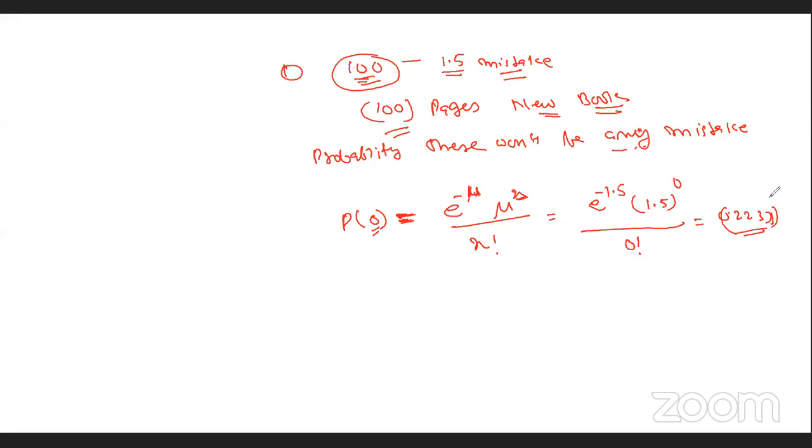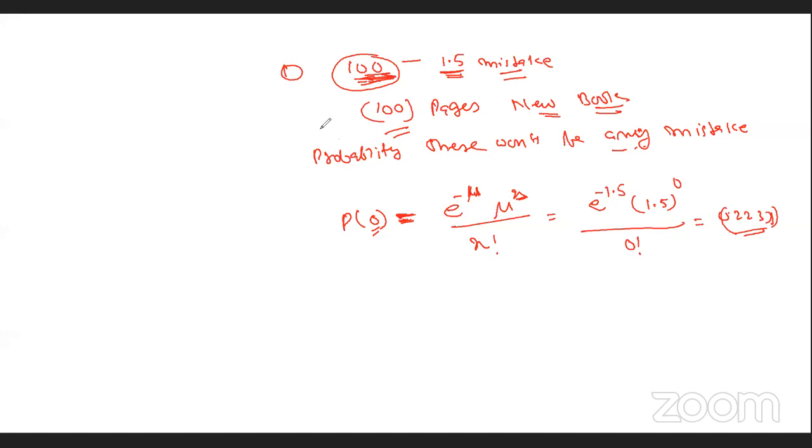So this is another thing which you will be able to find out. Again, on top of the same thing, if I tell you that in 100 pages you get 1.5 mistakes on average, and I ask you a very simple question, maybe a stupid one, what is the average mistake that you will get?